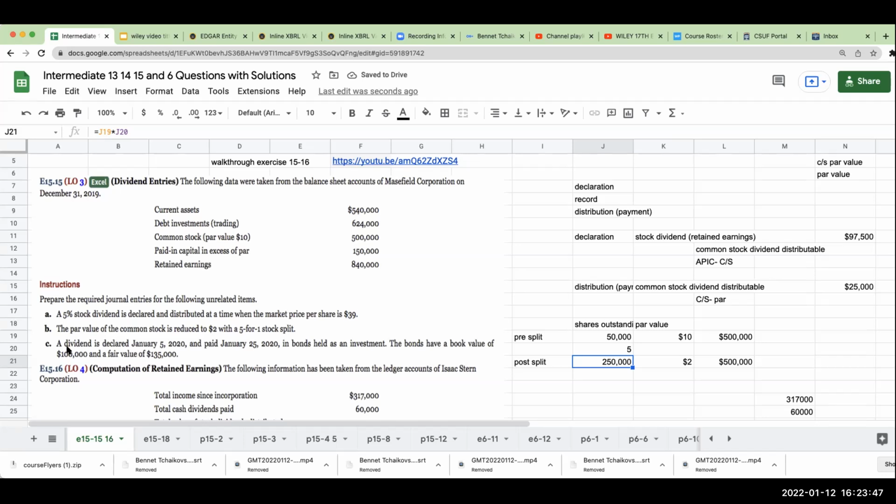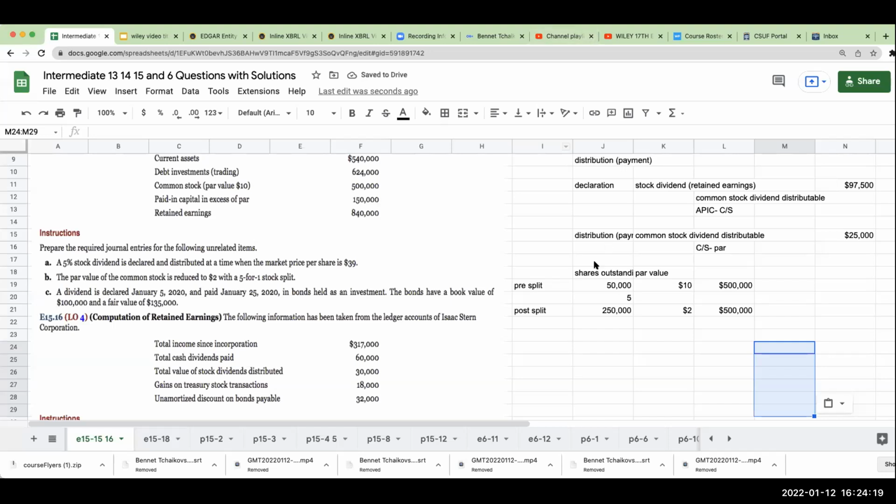So what we're going to do is we're going to do two things. Dividend is declared on January 5th and paid on January 25th in bonds held as an investment. The bonds have a book value of 100,000 and a fair value of 135. So the first thing we're going to do is say debt investments, trading.